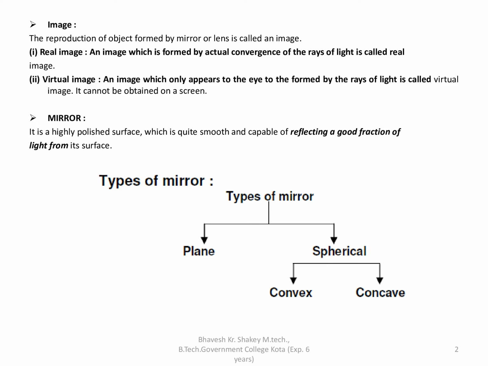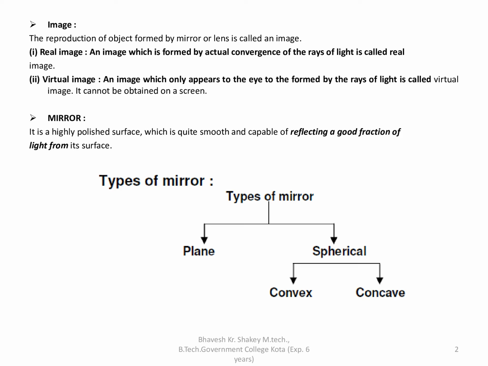After reflection the rays do not actually cut each other, but they seem to. When they actually cut each other, the image formed is called a real image. When they appear to meet each other, it is called a virtual image. So this is about what an object is and what an image is.